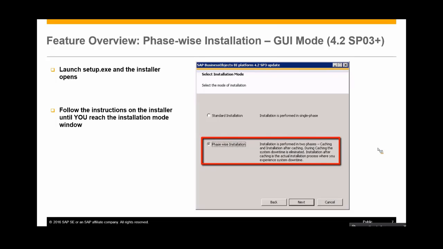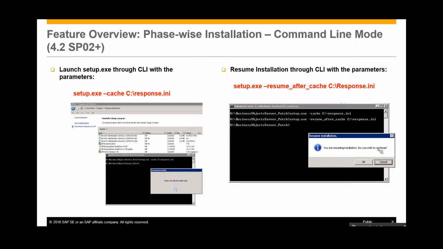You would see a screen as follows, where you are asked whether you would like to proceed with the standard installation or phase-wise installation. Relevant information is provided there about the phase-wise installation for you to make a choice. So this is the GUI mode for phase-wise installation.